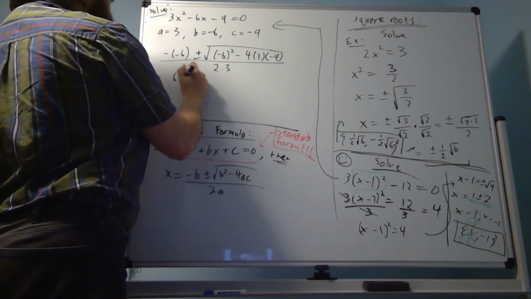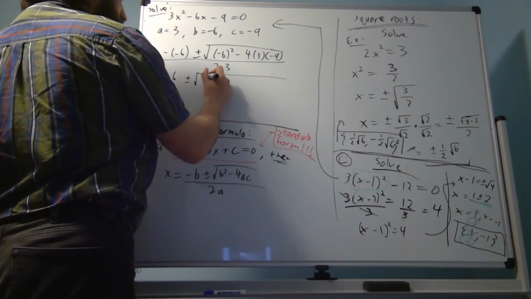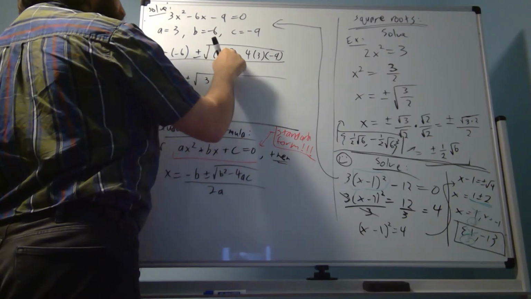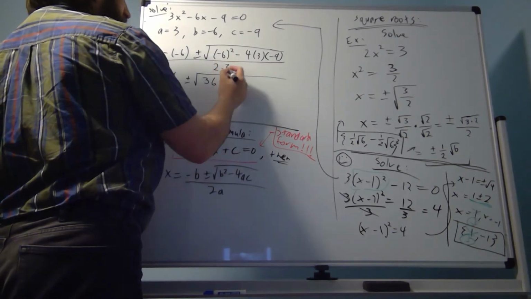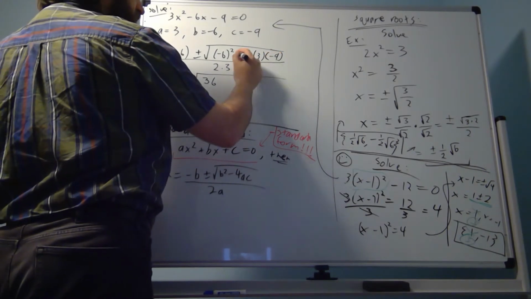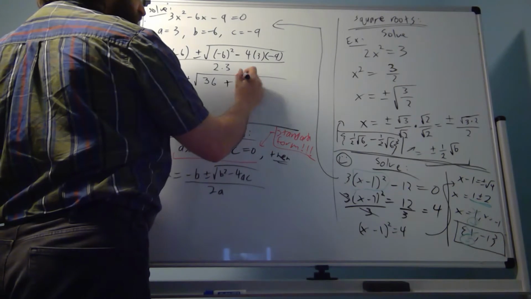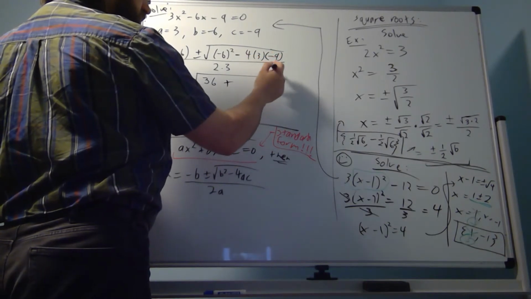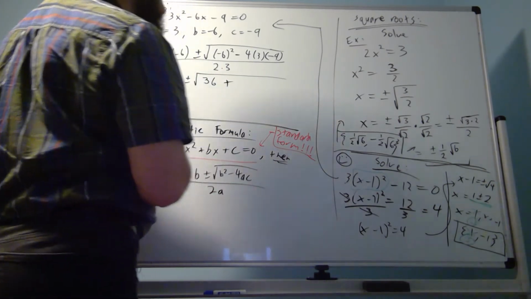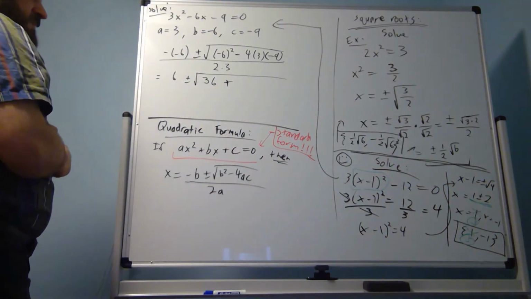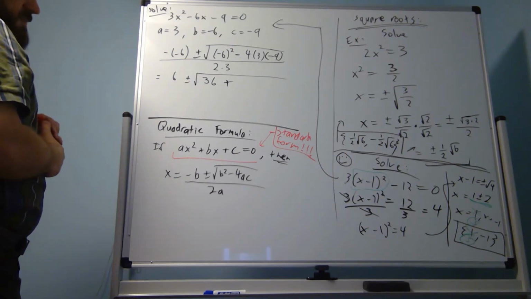So double negative, this one is 6, plus or minus the square root of double negative, so negative 6 times negative 6 is a positive 36. And there are only 2 negatives on this one, so we get plus, and I think that ends up being 68 or something?